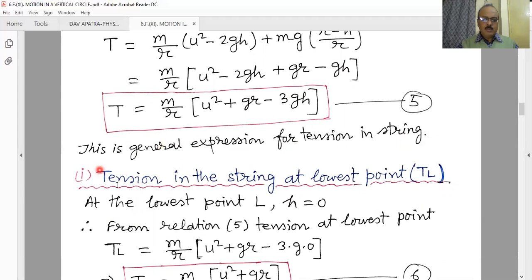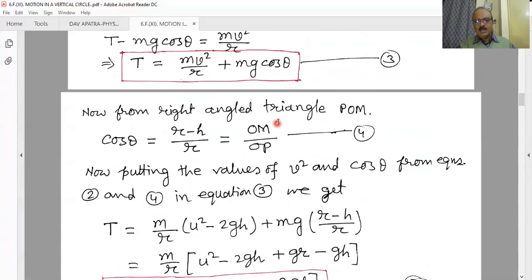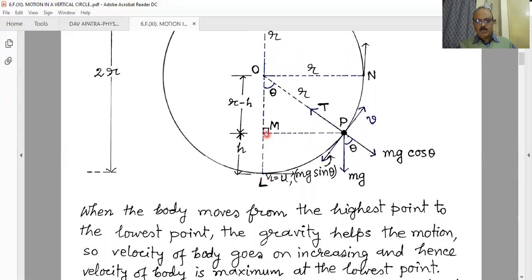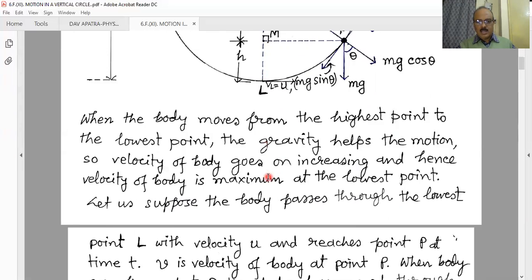Now number one, tension in the string at the lowest point. What will be the tension at the lowest point? Here the value of h is 0, because we are considering it as the zero potential energy level. That is, height h is 0 here at the L point.